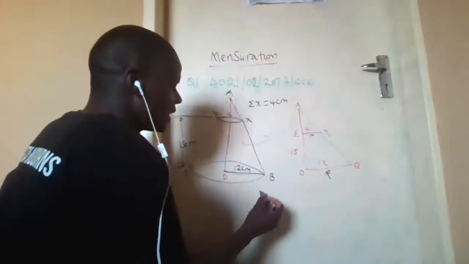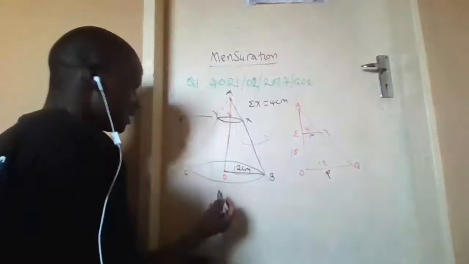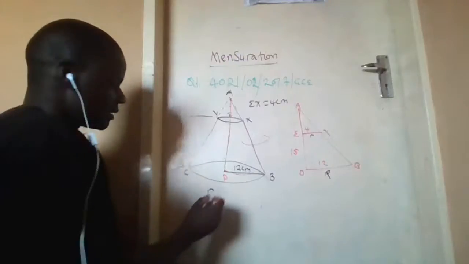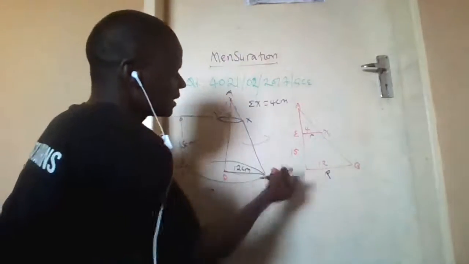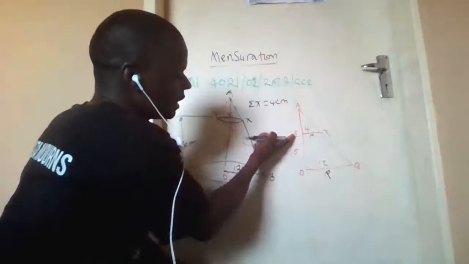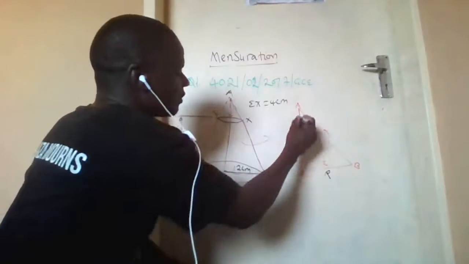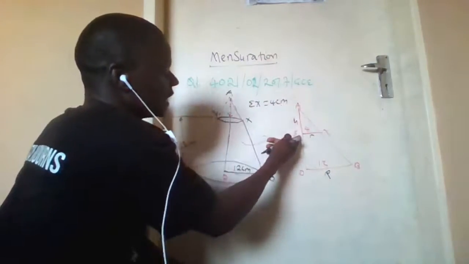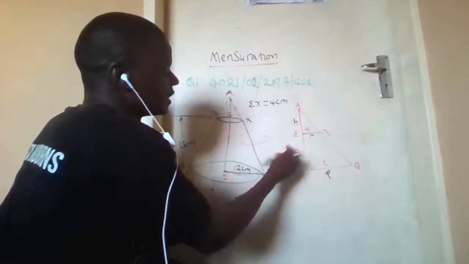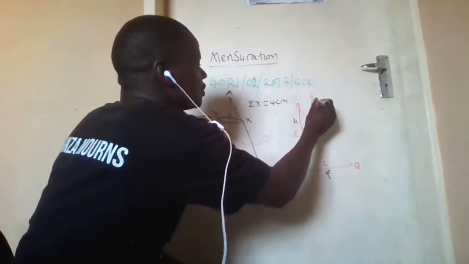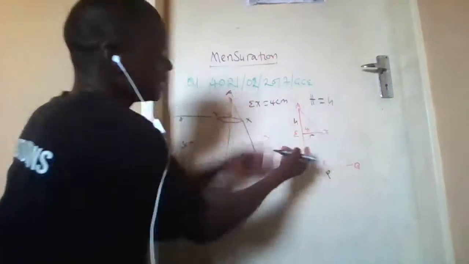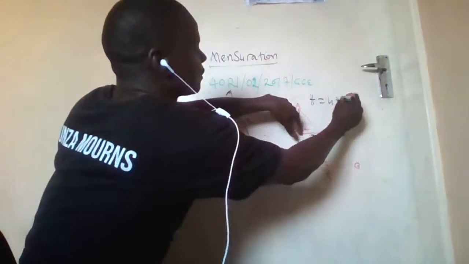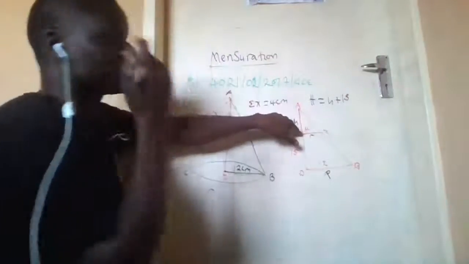According to similarity, small r over big R. But do you know that this 15 is from E up to D? The small h is from A up to E, and E up to D is 15. So our big H will be found by adding the small h plus the 15.